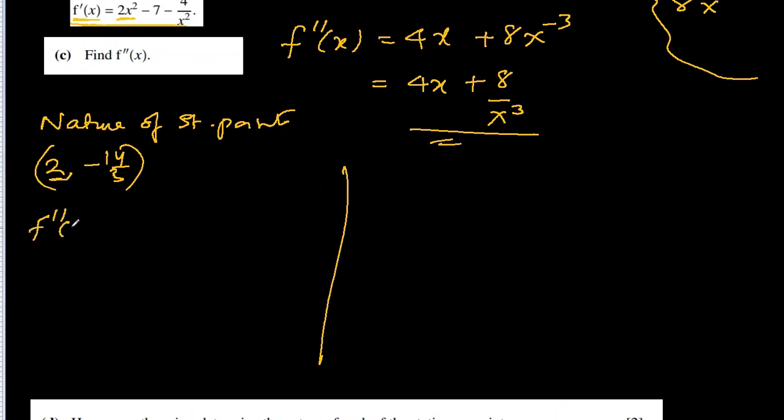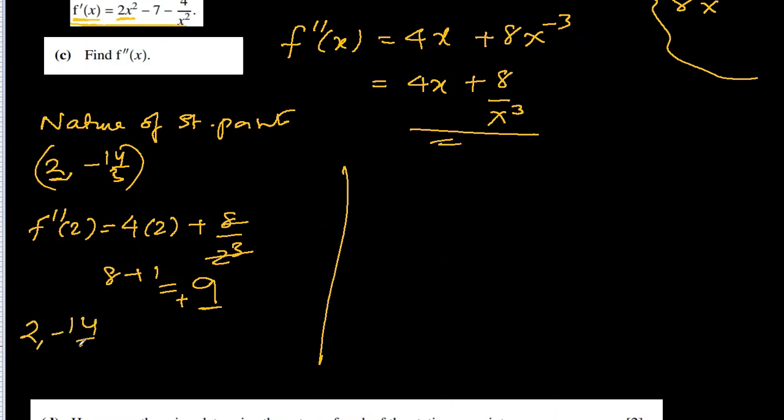So f double prime of 2 will be 4 times 2 plus 8 over 2 cubed, which is 8, and 8 over 8 is 1, so 8 plus 1 is 9. We are not interested in the value, we are interested in the sign, which is positive. Positive means (2, minus 14 over 3) is a minimum.